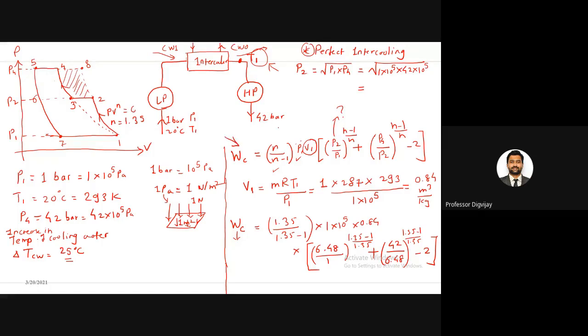In this case, the polytropic index n is just a number, so it will have no unit. Then we have pressure into volume. Pressure's unit will be Newton per meter square, and volume's unit, we all know, is meter cube. If you multiply these two, then we will get Newton into meter. So Newton into meter is nothing but joules.